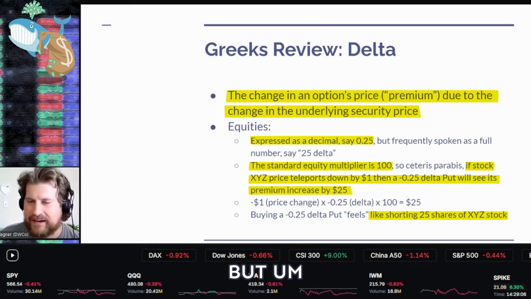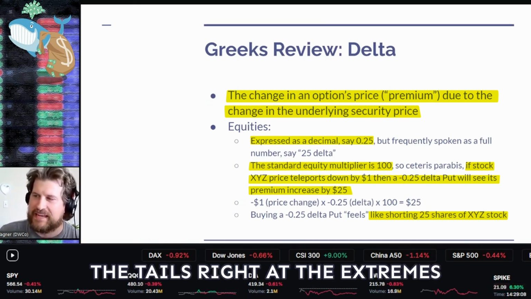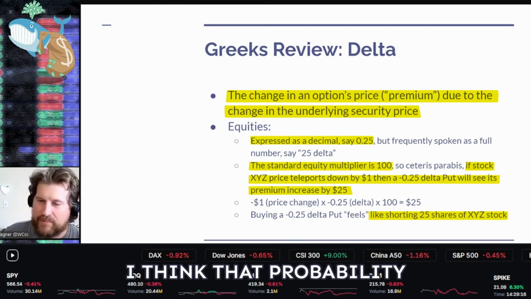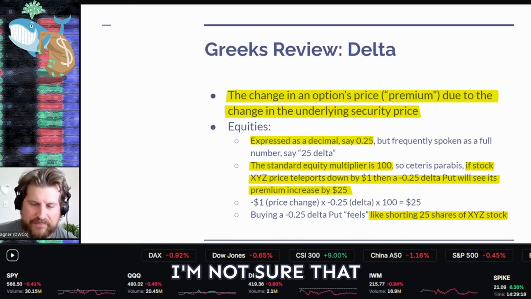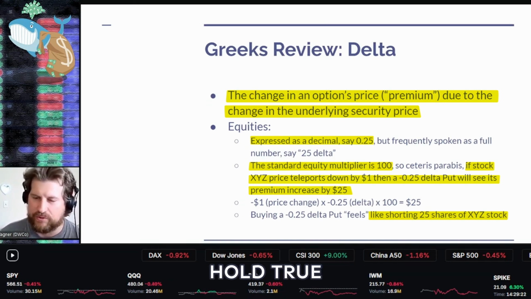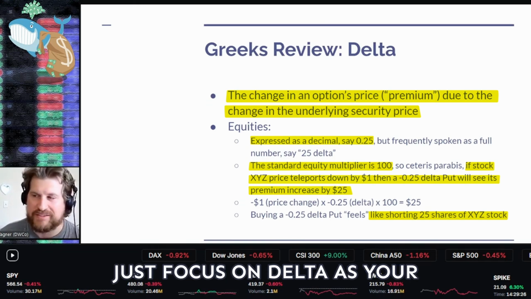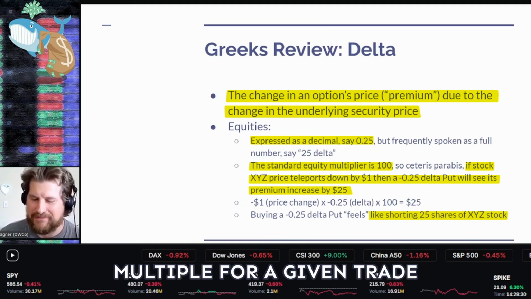But towards the tails, at the extremes, I'm not sure that probability of finishing in the money necessarily would hold true. I think it's better to just focus on delta as your underlying price payoff multiple for a given trade.